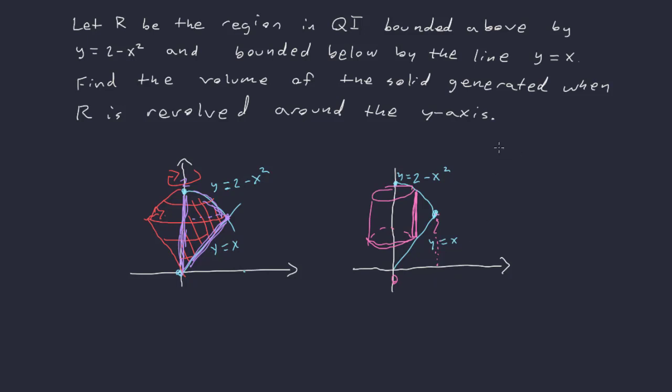So like always, we're going to set these two equal to one another. I'm going to move things over to this side so that I have 0 is equal to 2 plus x minus, oops, plus x squared. Oh, I messed that all up, didn't I? Let's do it this way. x squared plus x minus 2. All right, so that should factor into x plus 2 times x minus 1. So x is equal to either 1 or negative 2, so that should be x equals 1 there.